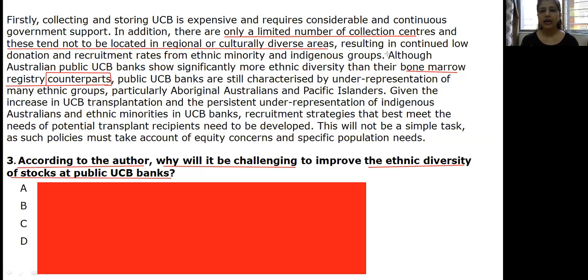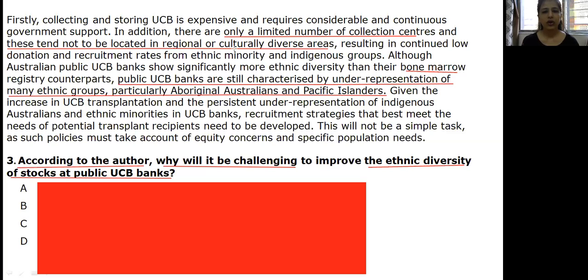Now, this is again a micro skill that you would need whenever you are reading an 'although' sentence in the reading passage. Remember, the writer is trying to highlight the second half. So this is the point that the writer is trying to highlight here: public UCB banks are still characterized by underrepresentation of some or many ethnic groups, and then there are two examples.